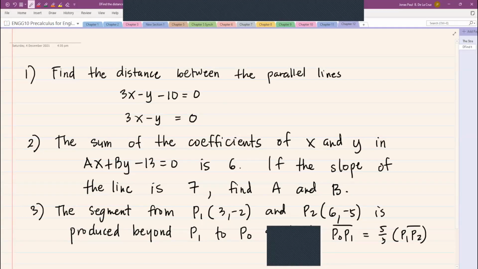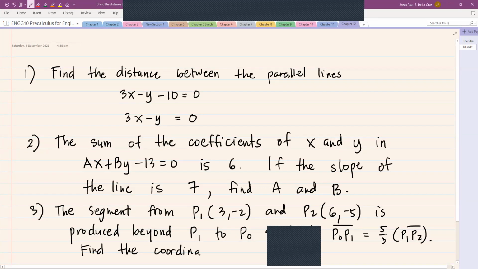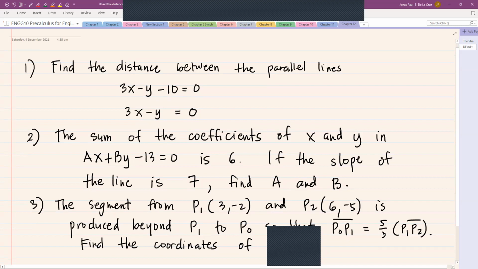Find the coordinates of P0. Yan. These are the 3 problems na sagutan nyo as a group, ano?